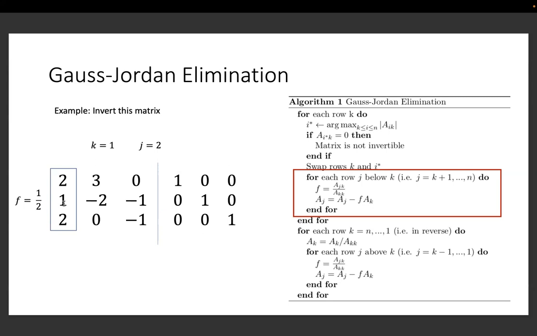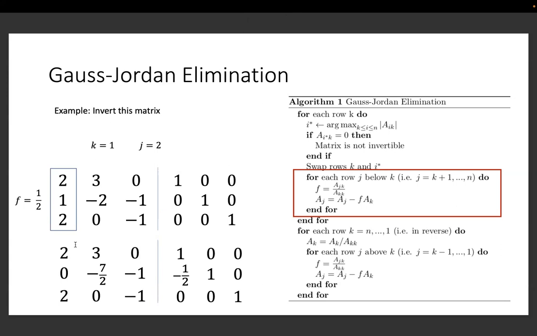For example, here f is equal to 1 divided by 2, multiplied by the first row, which can be 2 divided by 2, 3 divided by 2, 0 divided by 2.